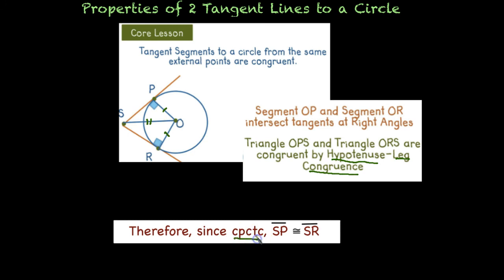Therefore, we can prove that SP, this part of our tangent line, is congruent to SR, which is this part of our tangent line. So we have proven that these two tangent segments are congruent to each other from the point of intersection to the point of tangency by using one of our triangle shortcuts.